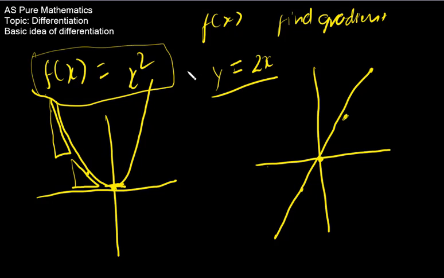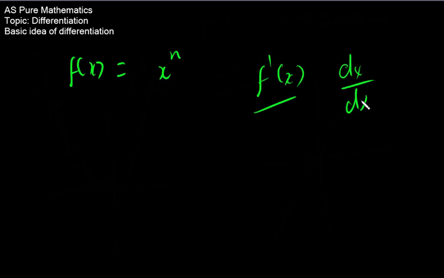Now let's talk about the most basic rule of differentiation. Say we have a function f of x equal to x to the power of n, and the differentiation of this function we can denote as f prime of x, or we can denote it as dy over dx.